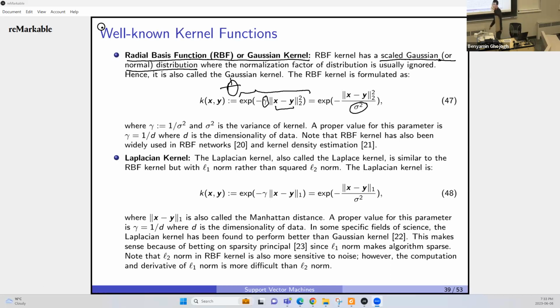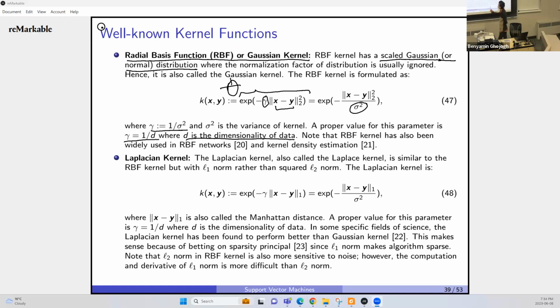If you see a Gaussian distribution, you have x minus mu, for example, the difference of x and the mean of the distribution. But here we have 2 points, x minus y. So gamma is 1 over sigma squared, where sigma squared is the variance of the kernel. A proper value for this parameter is what? Gamma equals 1 over d, where d is the dimensionality of data.